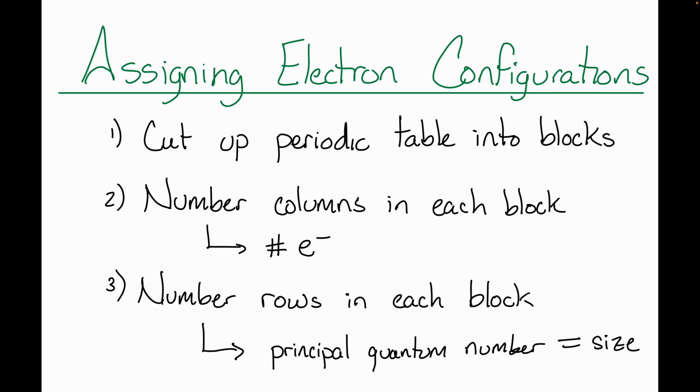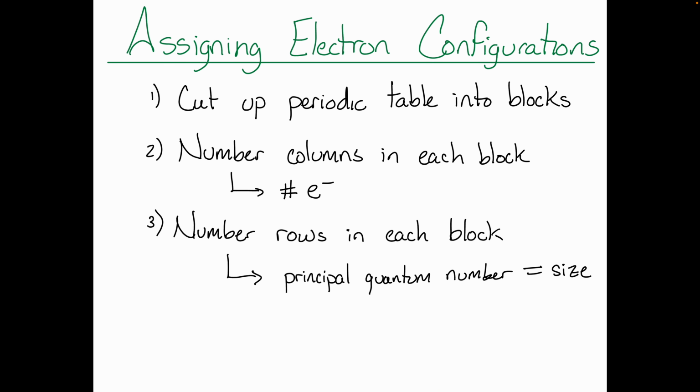All right, and this is the only one that has a little bit of a trick to it. For each block, you're going to start at a different number. For S, we're just going to start at 1.